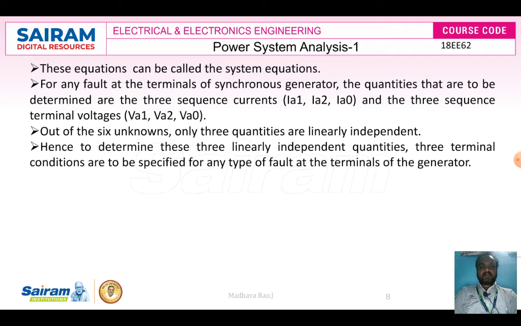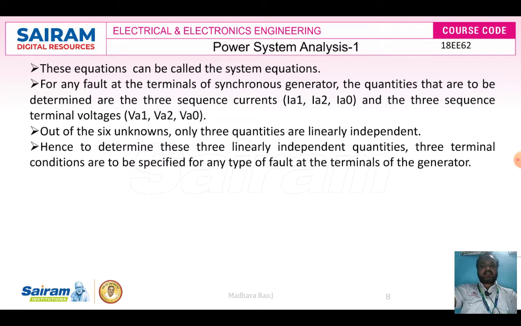Now here we can see currents and voltages in the synchronous generator. The above equations are called sequence equations.